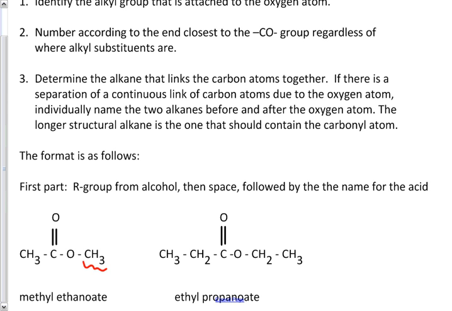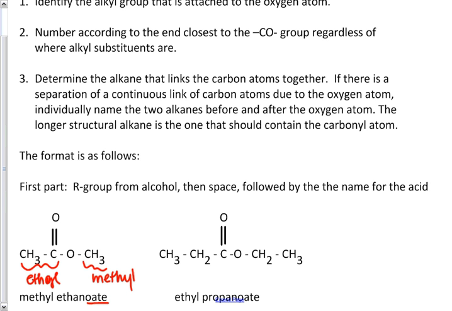And then what you want to do is figure out the other name. This would be ethyl. So this side is methyl. This side is ethyl because of the two carbons. And what you're going to call it is methyl ethanoate. The oate is the ending that we're going to change for the ester.